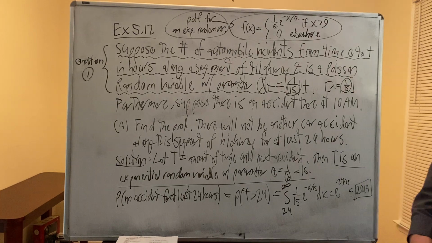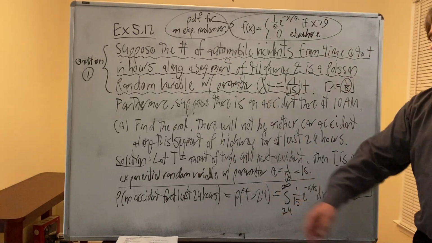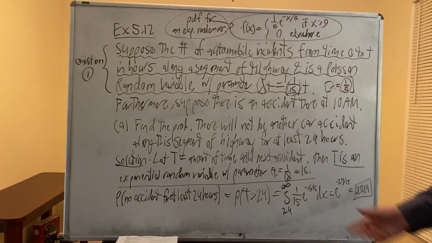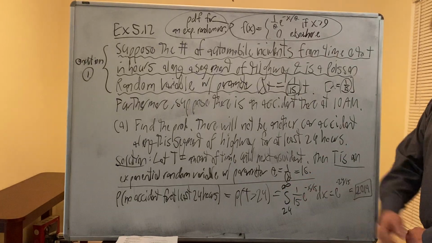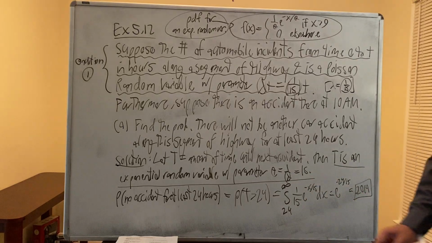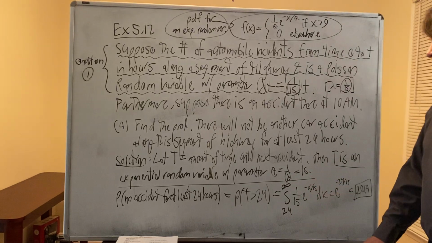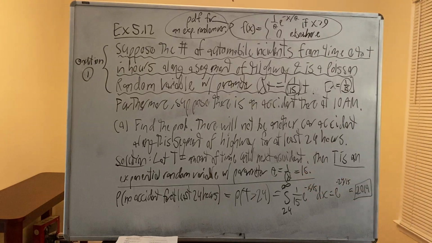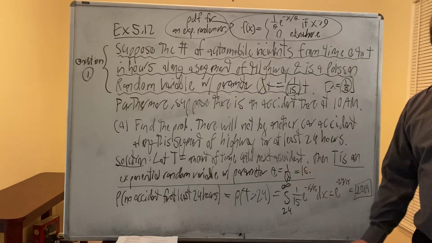Okay, so the probability of no accident for at least 24 hours is the probability that capital T, the wait time until the next accident, is greater than or equal to 24. That's equal to the integral from 24 to infinity of the PDF, which is 1 over 15 e to the negative x over 15, because we have an exponential random variable with parameter theta equals 15.